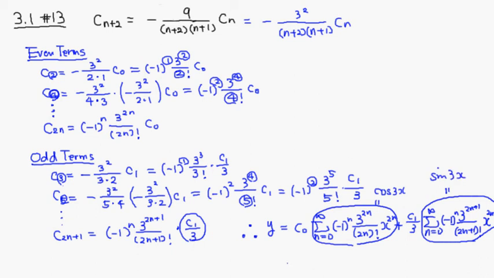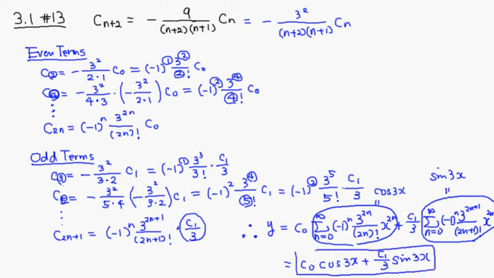So therefore we can write it as C0, some constant, times cosine of 3x, plus C1 over 3 sine of 3x. So that's how you can go from the recurrence relation to the solution. All right, I hope this was clear.